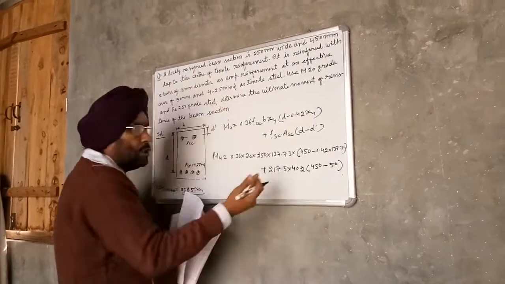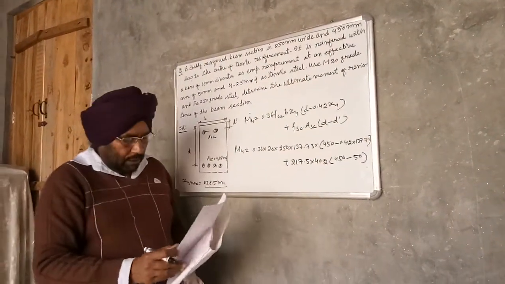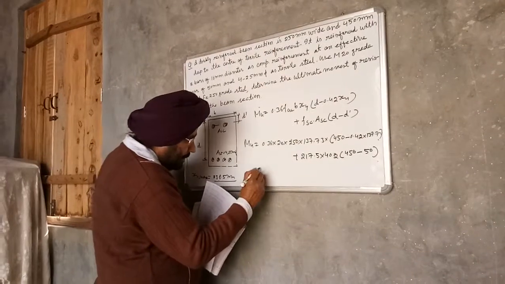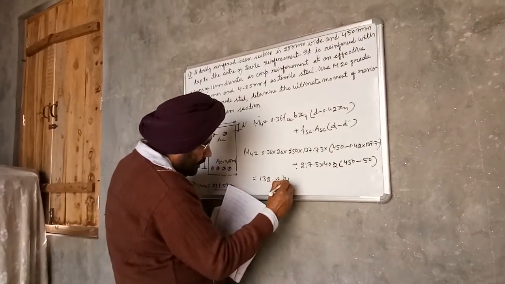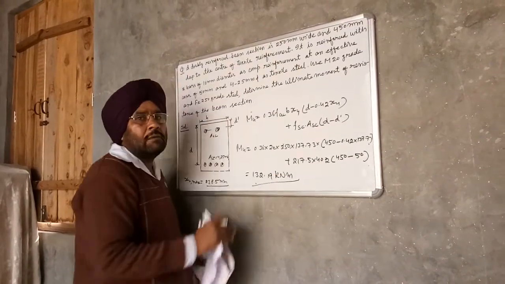By solving this, we get the ultimate moment of resistance of the beam section as 132.19 kilonewton meter. Thank you.